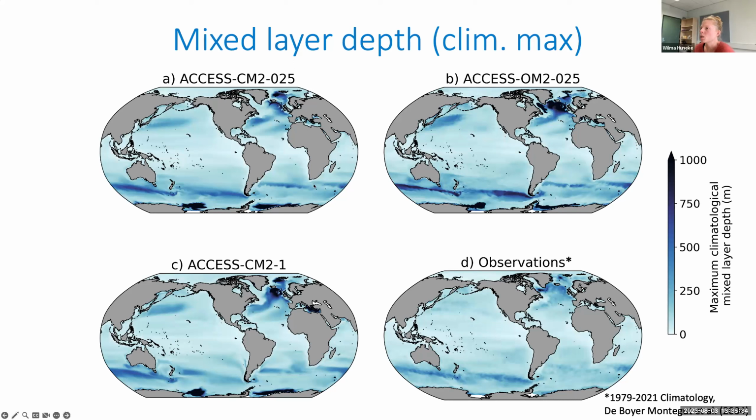But then when we go to the models, they have too deep mixed layers, although this might also depend on the definition. So it's very sensitive to the definition of your mixed layer depth, and there might be a different definition in the observations. And depending on which observational product you use, there's also quite large variability.